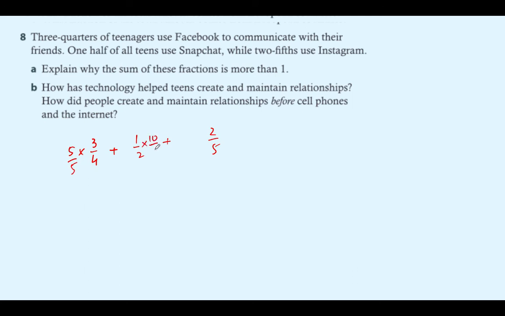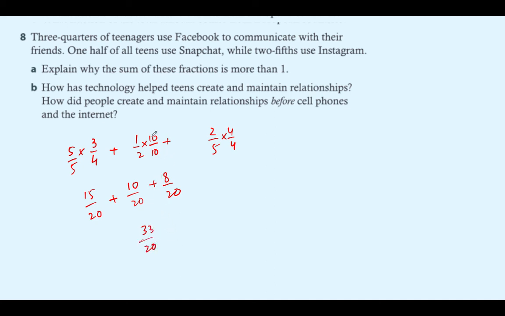This must be multiplied by 10, and this by 4. So this becomes 15 over 20, 10 over 20, 8 over 20. When you add them, you get 15 plus 10 is 25, 25 plus 8 is 33 over 20, which is obviously greater than 1.